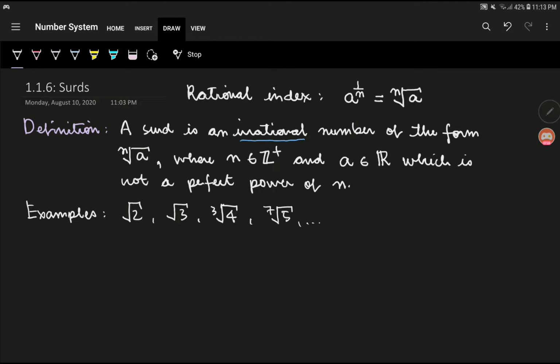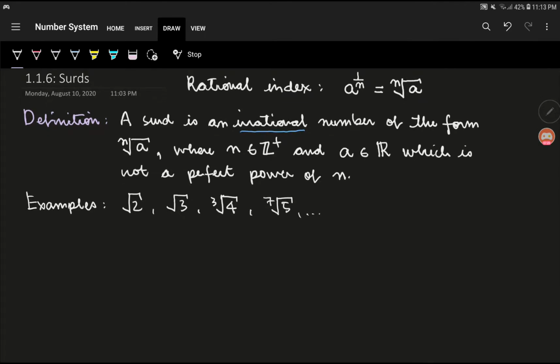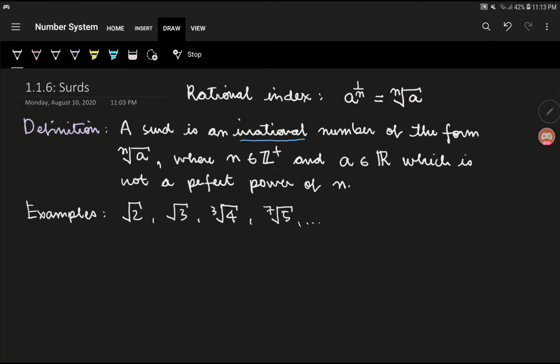Okay, so when we talk about surds, we must know the algebraic operations on surds that we can make use of.